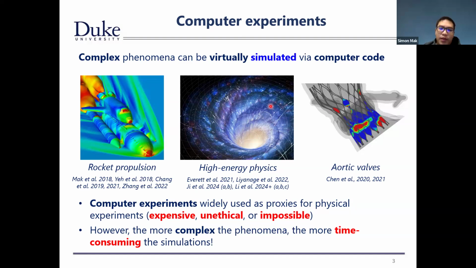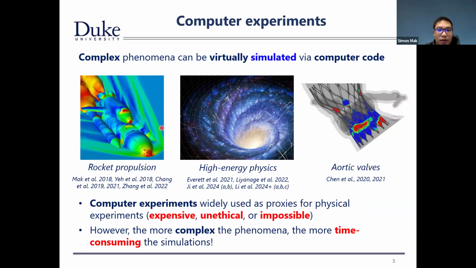So you can imagine these experiments are used widely as proxies for actual experiments, which, in many cases is expensive, unethical, or even impossible. But one drawback is that the more complex the phenomenon, the more time-consuming these simulations become. So time and computation becomes a huge factor.